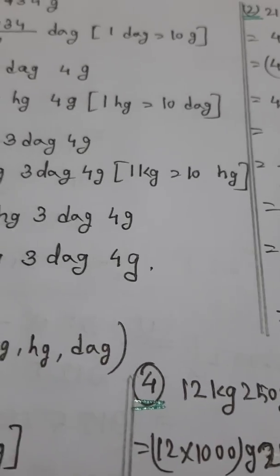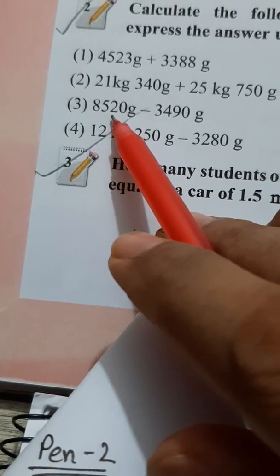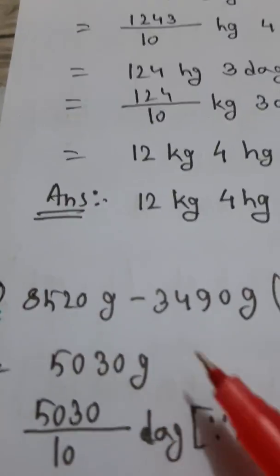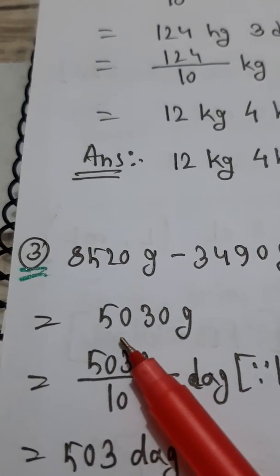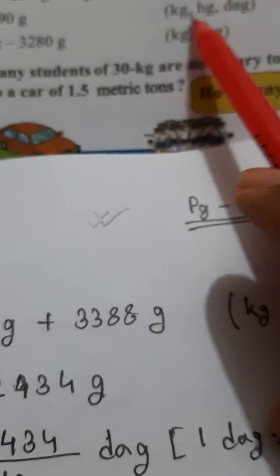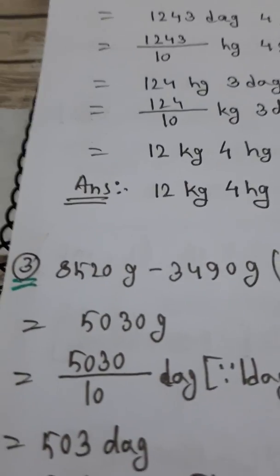Then number 3, 8520 gram minus 3490 gram. At first we subtract the 2 numbers. Then the subtraction answer is 5030 gram. We express the answer in kg, hectogram and decagram.